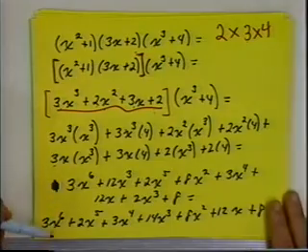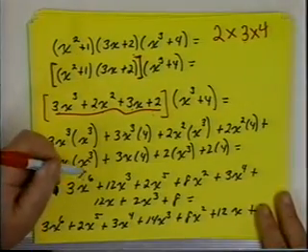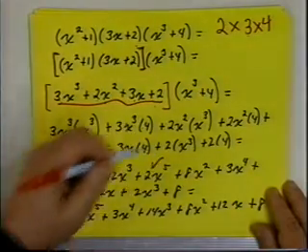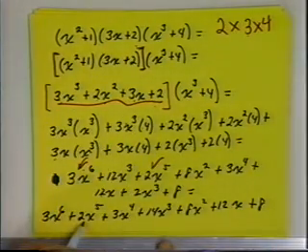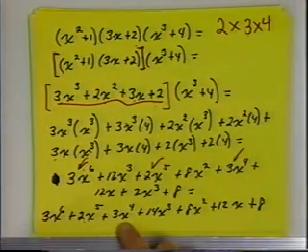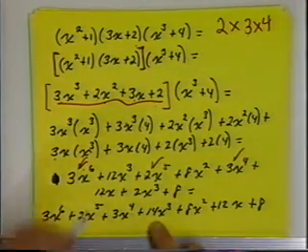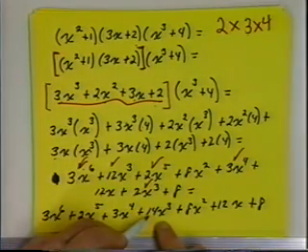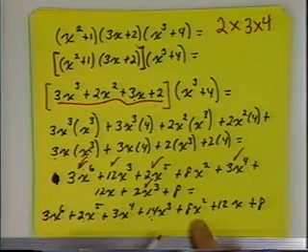Now I can go looking to combine like terms. There's an x to the sixth term over here. That's 3x to the sixth. There's 1 x to the fifth term over here. That's 2x to the fifth. How many x to the fourth terms do I have? Just 1. That's 3x to the fourth. How many x to the third terms do I have? I have 1 here and 1 here. 12 and 2 is 14. That gives me 14x to the third. Now what am I looking for? x squared terms.